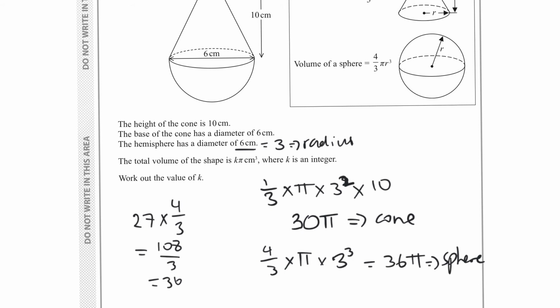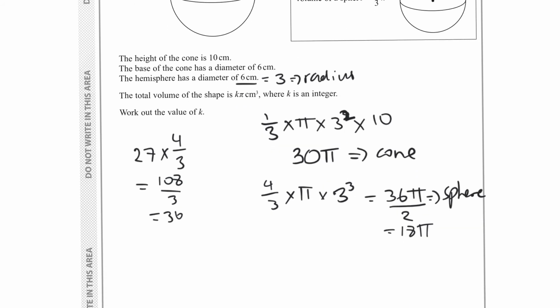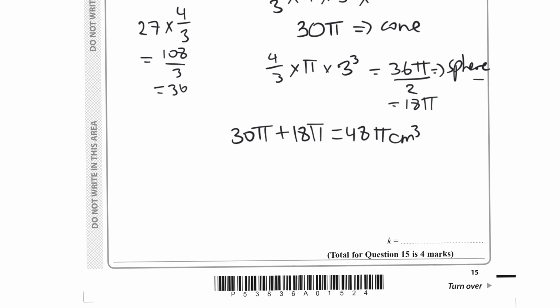But before we do that, remember this is for the sphere, and we've got a hemisphere. So we need to divide this by 2, and that's going to be 18 pi. Then we add our volume of the cone, which is 30 pi, plus the 18 pi, which would leave us with an answer of 48 pi centimeters cubed. So therefore, k is equal to 48.